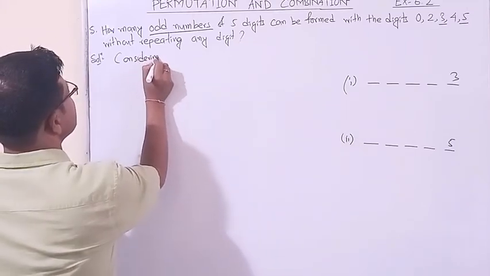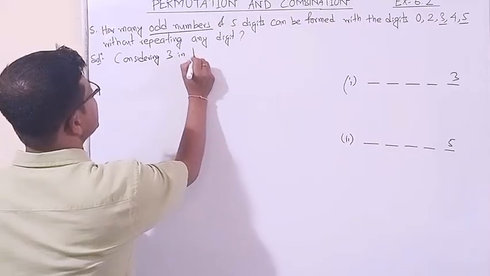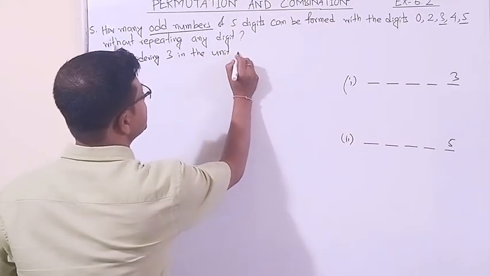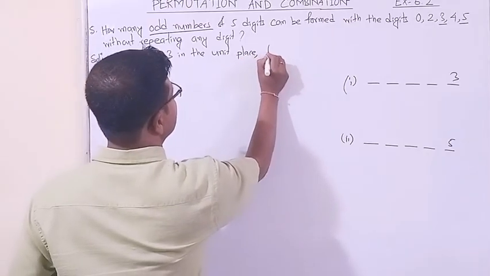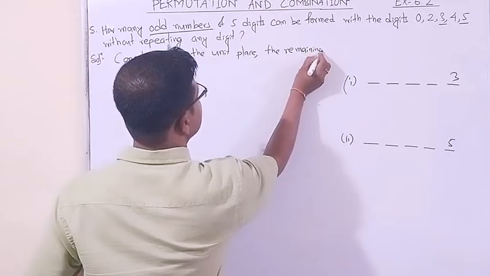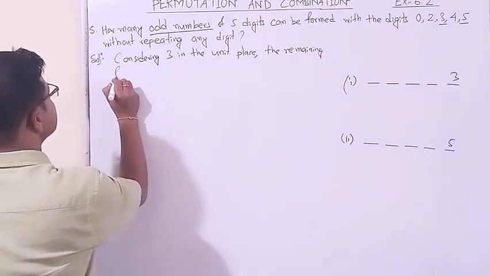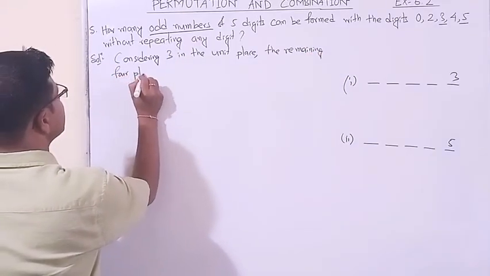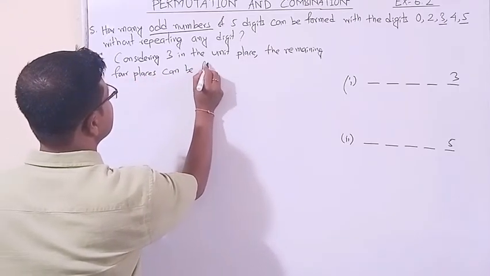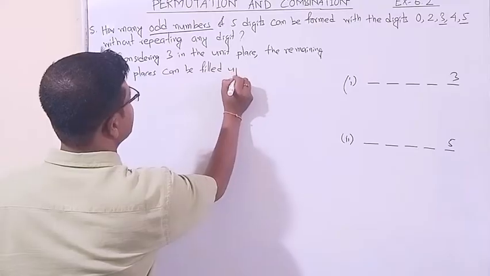Considering 3 in the unit place or ones place, the remaining 4 places can be filled up by how many ways?